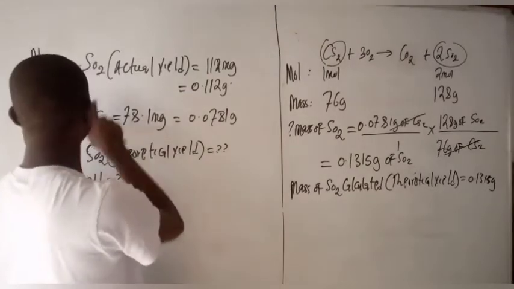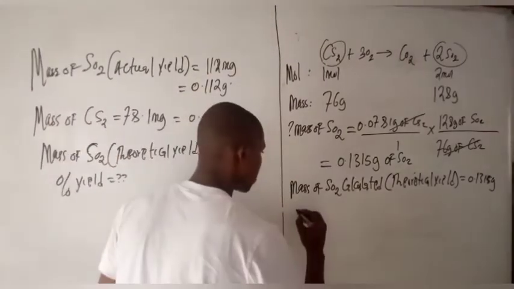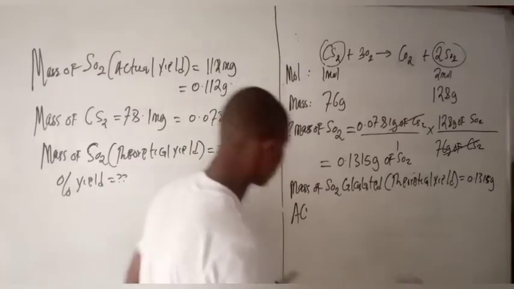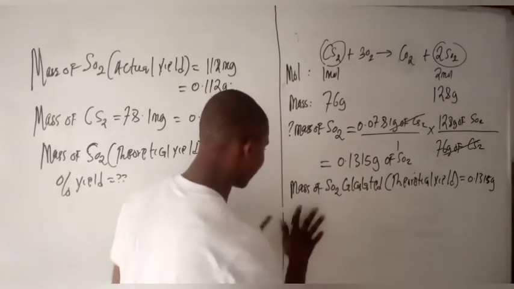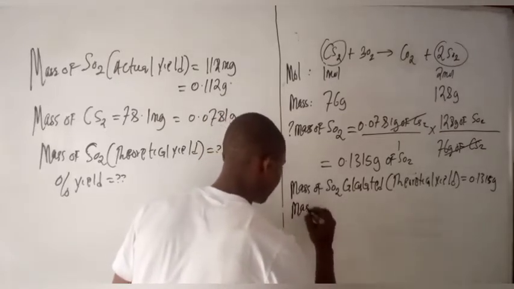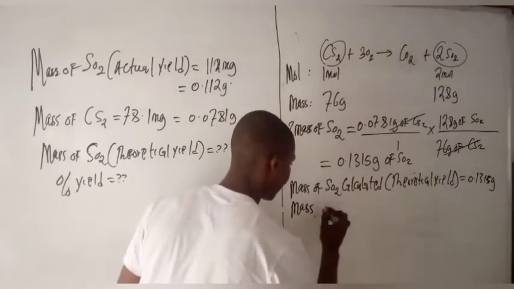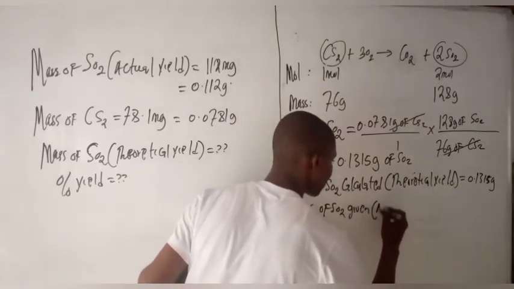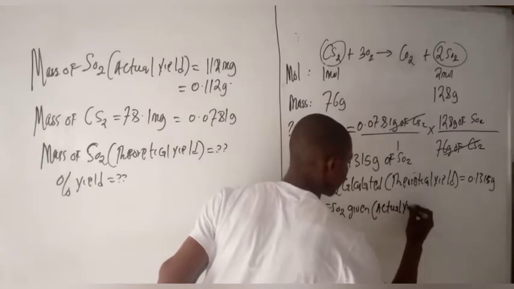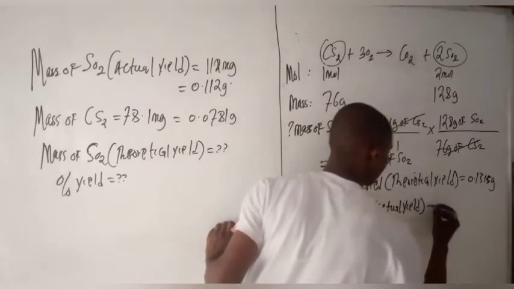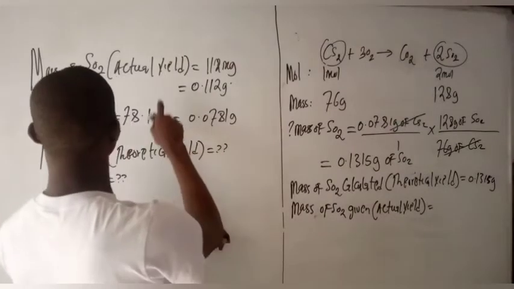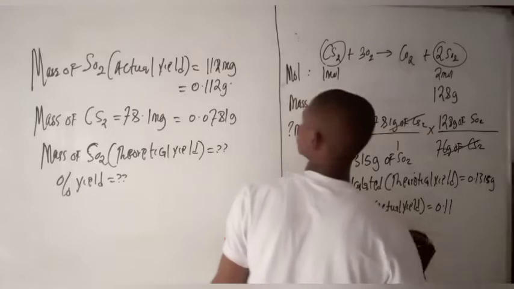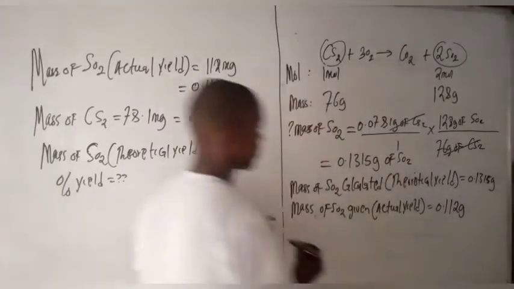My actual yield is already given to me, right? So our actual yield, the mass of SO2 given, equals 0.1112 gram.